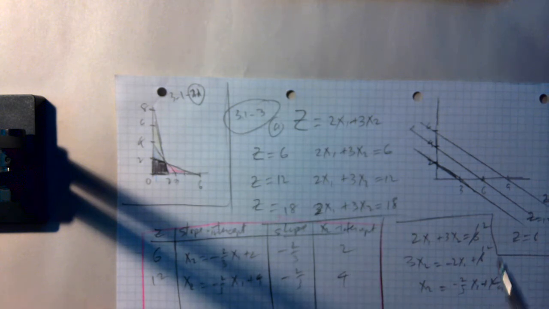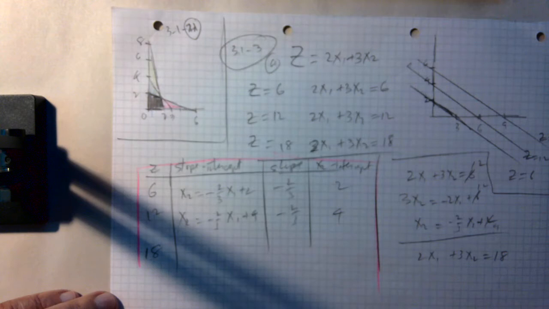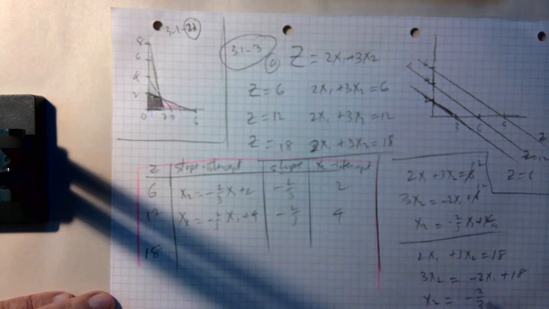And finally, when z is equal to 18, 2x1 plus 3x2 equals 18. So 3x2 is minus 2x1 plus 18. Divide by 3, x2 is minus 2/3 x1 plus 6.